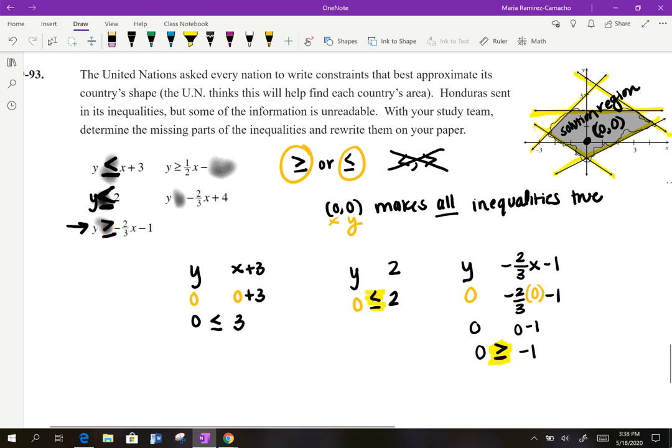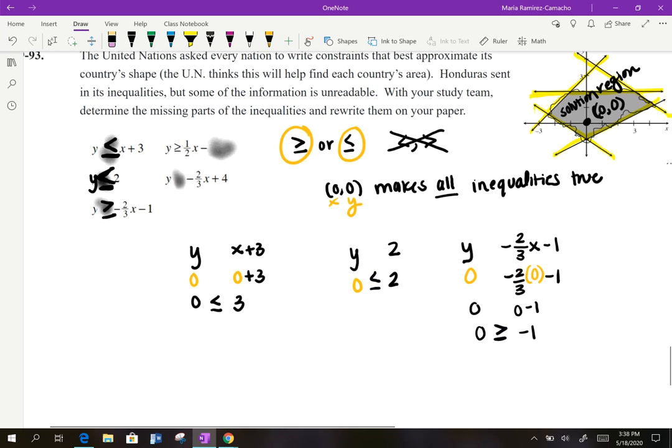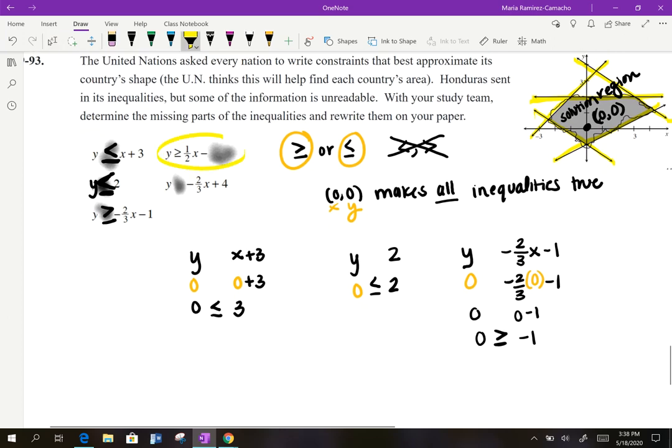All right, moving on to the next one. Here it looks like we just need a y-intercept instead of an inequality symbol. So let's look for the line that has a slope of positive 1/2. Since this has a positive slope, that means that we're looking for a line that's going quote unquote uphill.